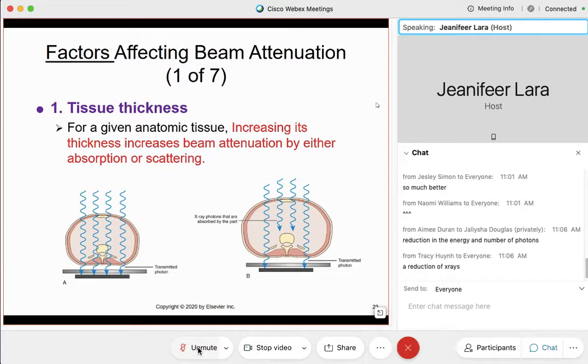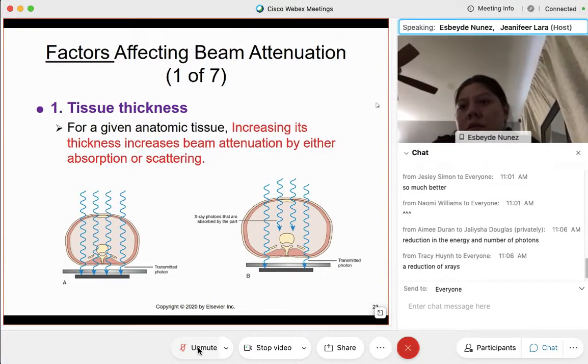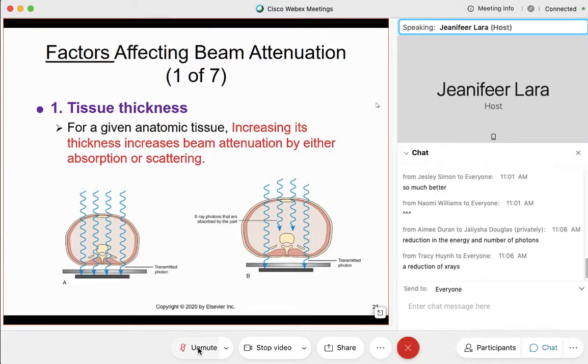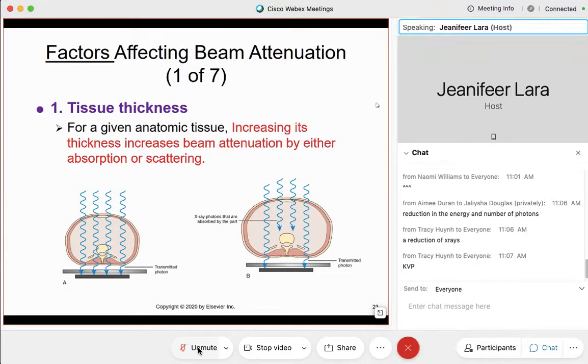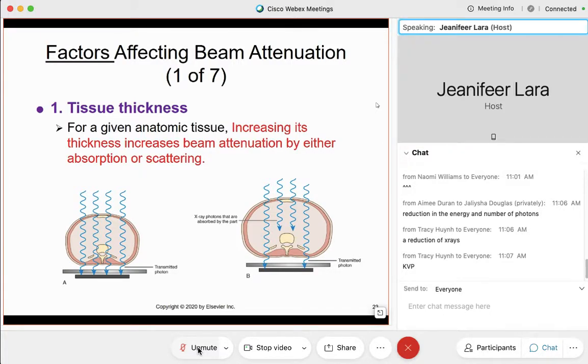So either you've eliminated them through photoelectric absorption, or you've reduced the energy through which interaction? If I have reduced the energy of the photon, but not completely absorbed it, what interaction reduces the value of the photon? Is it Compton? Thank you, Compton. You guys have to put this together. So attenuation is both Compton interactions and photoelectric.